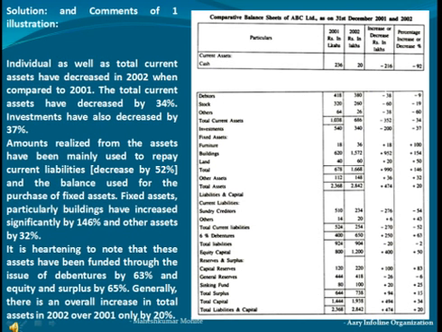Fixed assets, particularly buildings, have increased significantly by 146% and other assets by 32%. It is heartening to note that these assets have been funded through the issue of debentures by 63% and equity and surplus by 65%. Generally, there is an overall increase in total assets in 2002 over 2001 only by 20%.